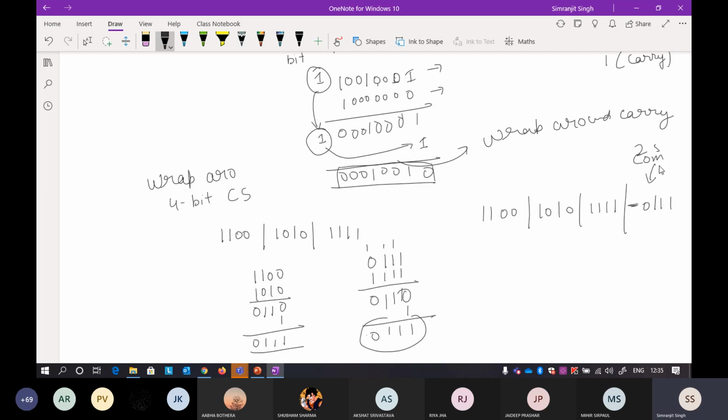Actually it will be in 2's complement form, but I do not want to complicate things here, because that is the digital part and it is not necessary that you know how 2's complement is calculated in CN. Suppose this is the answer.